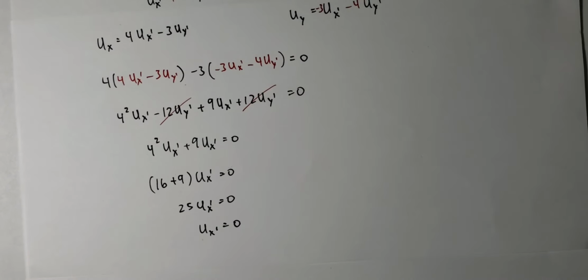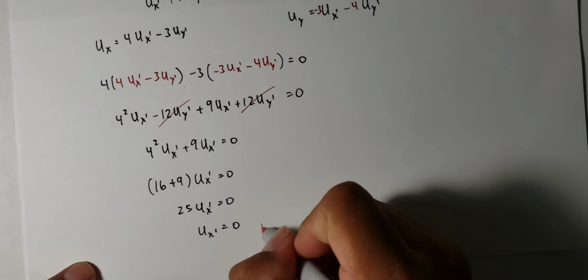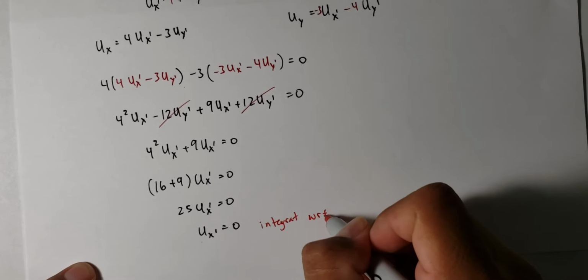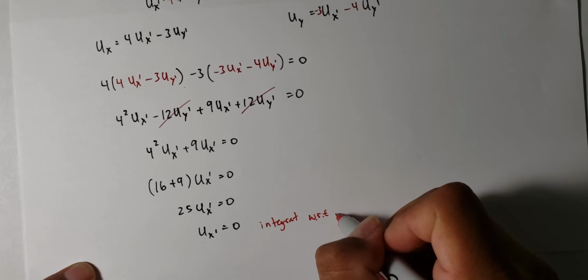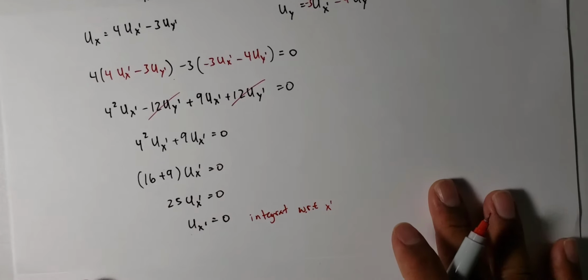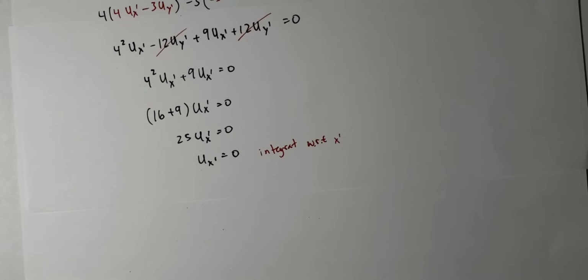Now that means the partial derivative of u with respect to x prime gave us 0. So we want to integrate with respect to x prime. That means our previous function was probably a function of y prime.